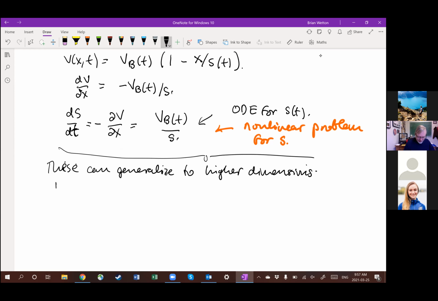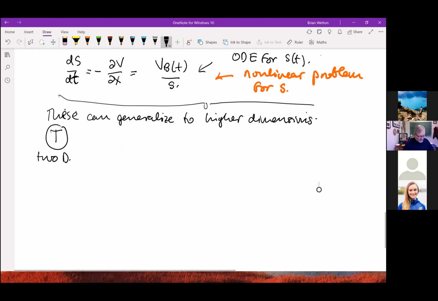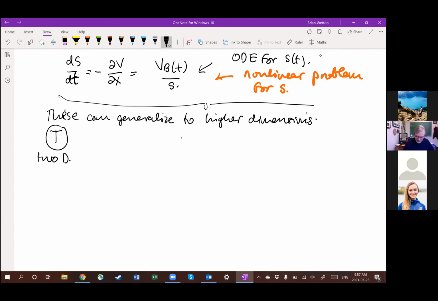So let's look at the two-dimensional, two-sided problem, right? I'll have water over here, and I'll have ice over here. I can't show time anymore because I'm using up my 2 dimensions for space. I'm going to have the heat equation in 2D over here.